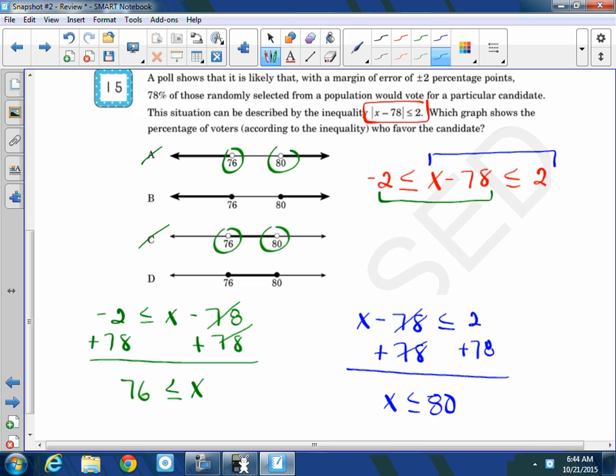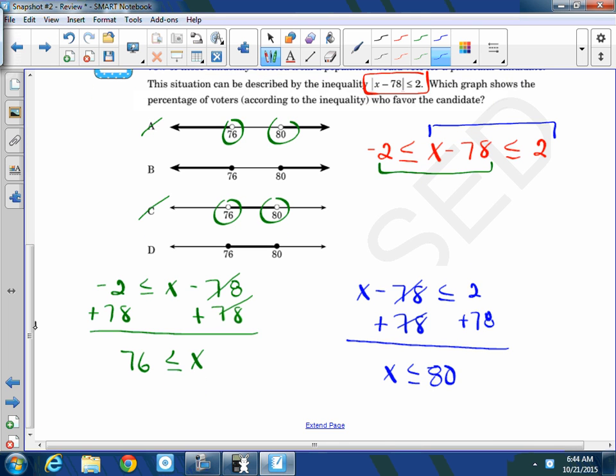Okay, so let's see. The crocodile eats the x, which means x has to be greater than 76. That would be less than 76. This would be greater. And the crocodile eats the 80, which means the x has to be less than 80. This is greater, that would be less. So the correct answer would be D.